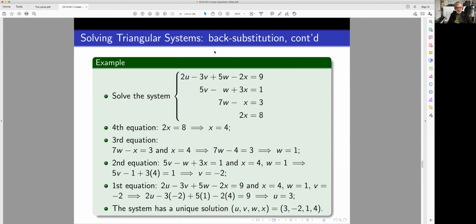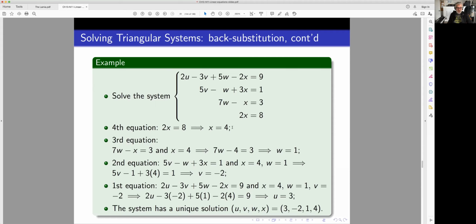So here's a slide which was our last example of solving a triangular system. Notice the coefficients of the variables below the diagonal are all 0. And then the system becomes very easy to solve this way, where you start at the bottom and you have a single variable where you can just simply solve immediately.